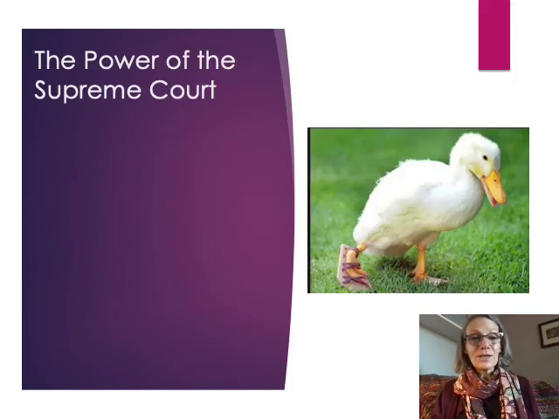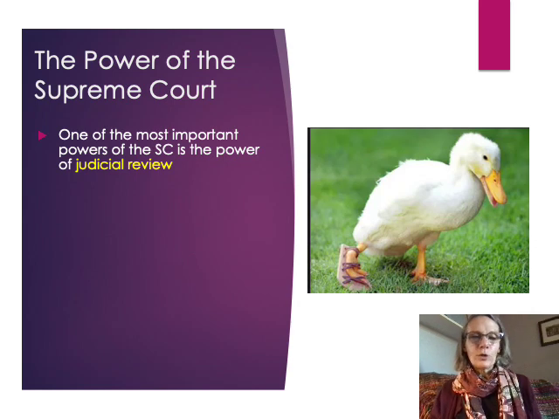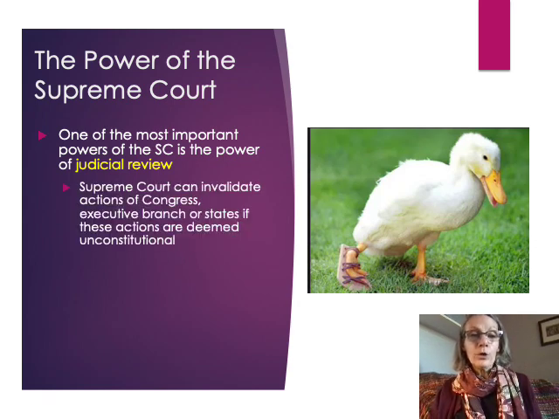Okay, the last thing we're going to talk about is the power of the Supreme Court, the power of judicial review. So what is judicial review? Well, judicial review is basically that the Supreme Court can invalidate actions of Congress, the executive branch, or the actions of state or local governments as well, if those laws are deemed unconstitutional.